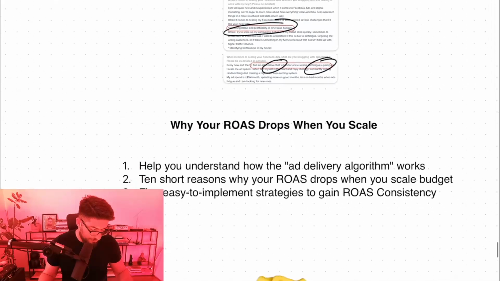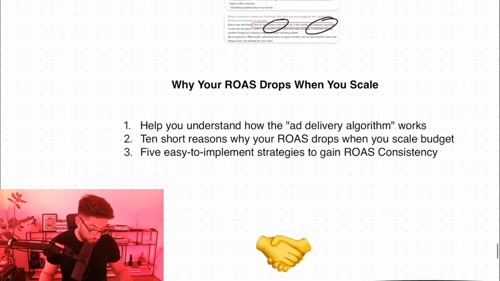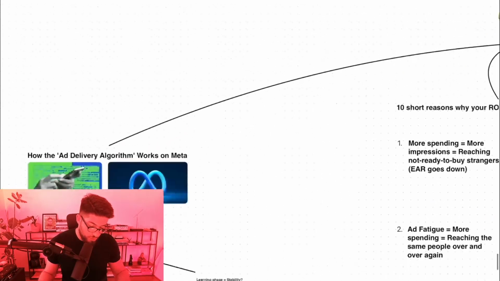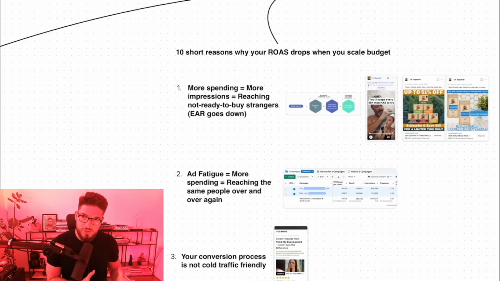So today we have one of the best videos that I'm going to have on my channel for sure. It's taken 3 to 4 hours to create this whole thing. And we're going to cover 3 points. The first one is how the ad delivery algorithm works on Meta. This is going to be short and quick, but you need to understand how your ads are being delivered when you scale and what changes. Then I'm going to give you 10 short reasons why your ROAS drops as soon as you scale budget.